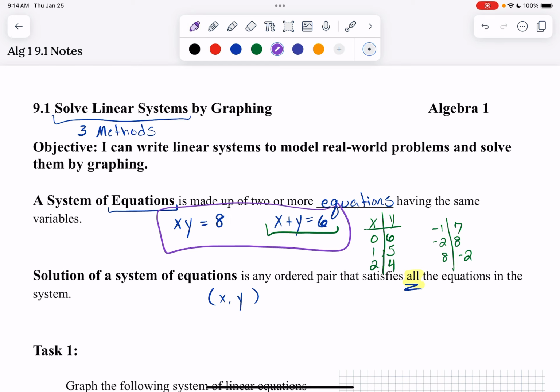So the ordered pair 2, 4 would be a solution for both of them. So 2, 4 is a solution to this system because it makes both of them true, since 2 times 4 is 8 and 2 plus 4 is 6. Okay, so it has to work in both equations.